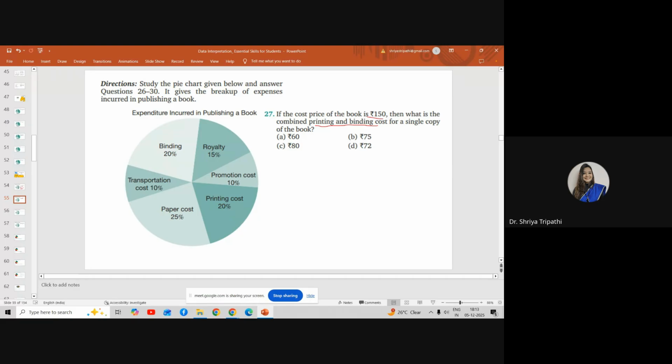Cost price and selling price? Selling price includes profit margin also. Okay, and cost price is the expenses incurred in the process of production, labor and non-labor both. Correct. So here they are saying if only the cost price is 150, then what is the combined printing and binding cost for a single copy of the book?